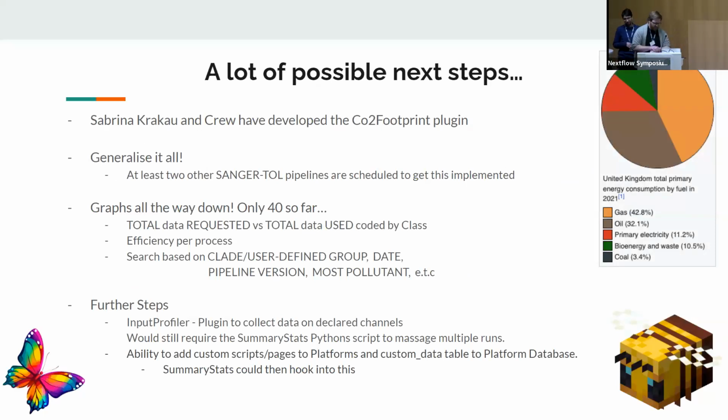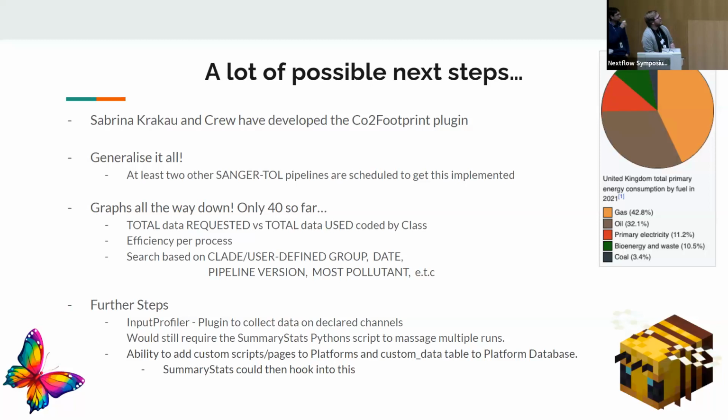I will try to be very quick because I'm very aware that I've spoken far too much already. So as we've already said, the CO2 footprint plugin is going to be very important for us. We need to be more sustainable anyway, because we're killing the planet, and that's kind of the antithesis of DToL. I need to generalize the script that I have so far.